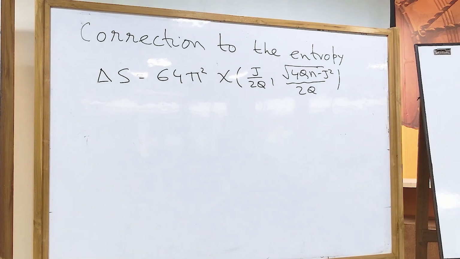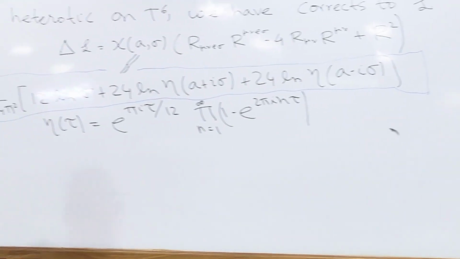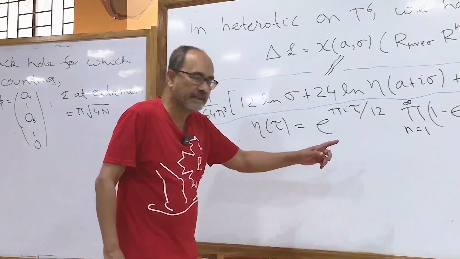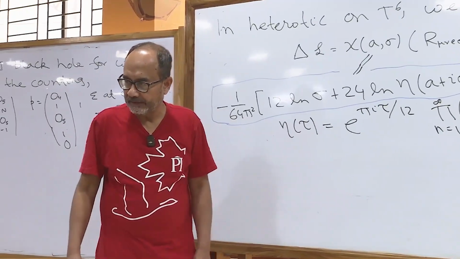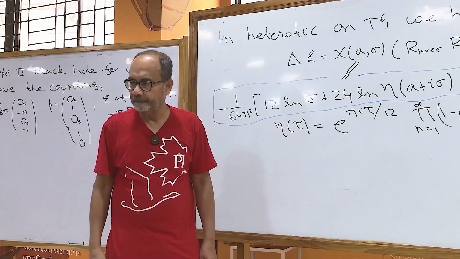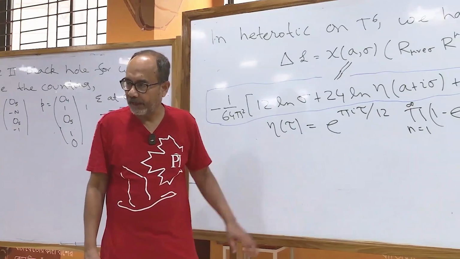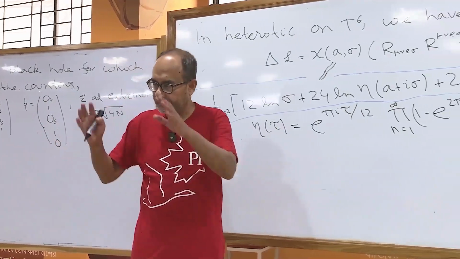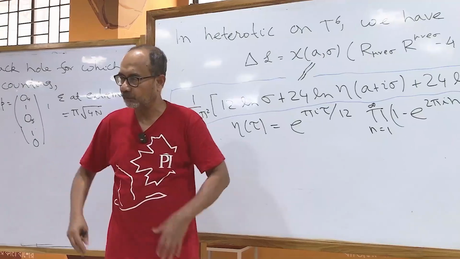This is a function that also appears in the partition function. In fact, this appeared earlier when you wrote down the various counting formulae. But in this case, it's not coming from a counting formula. It's just coming from calculating the one loop correction to the string effective action.